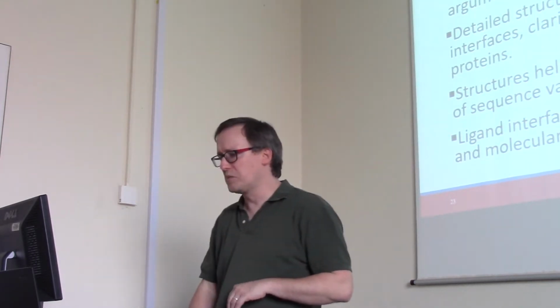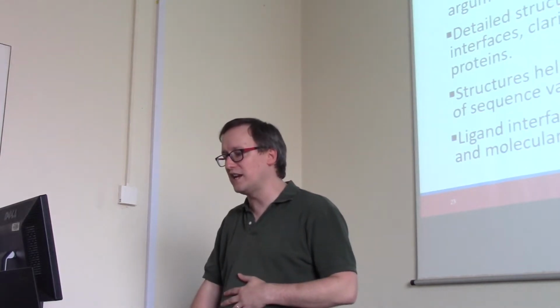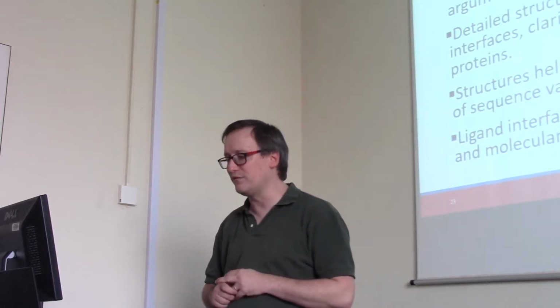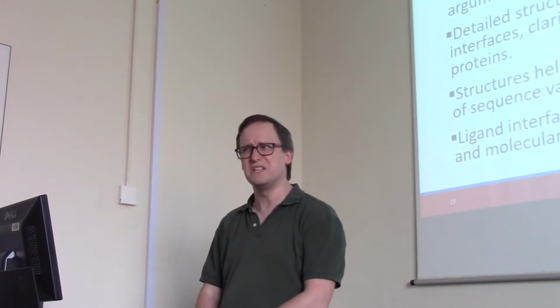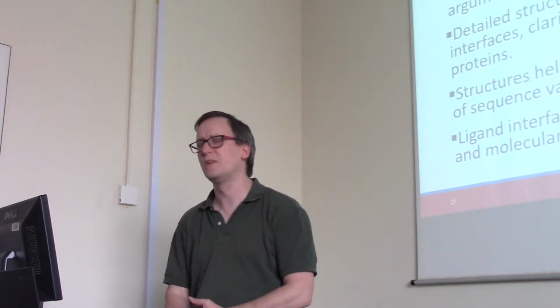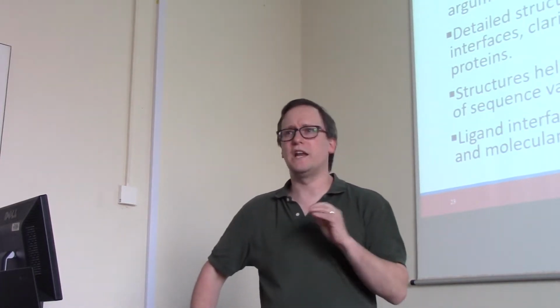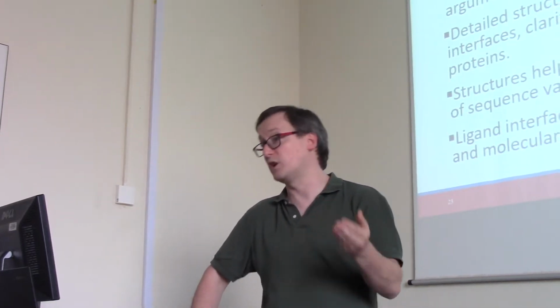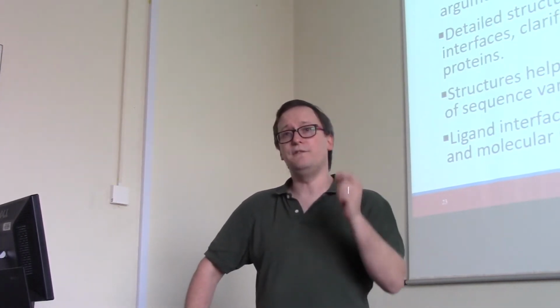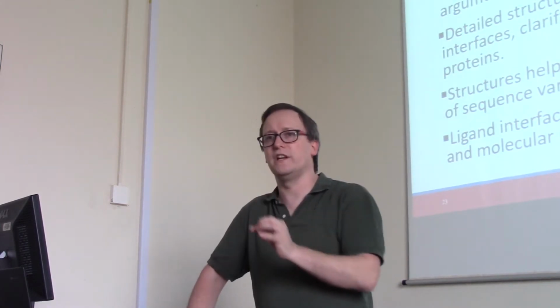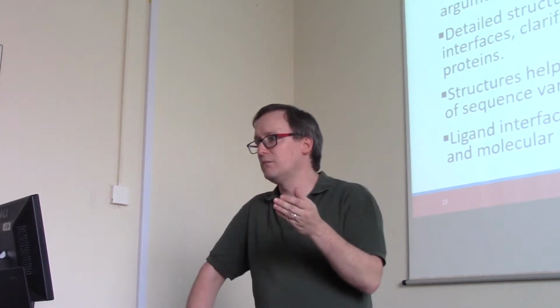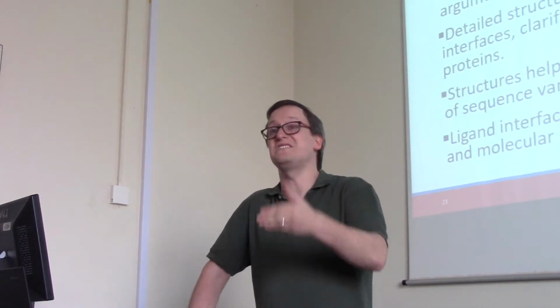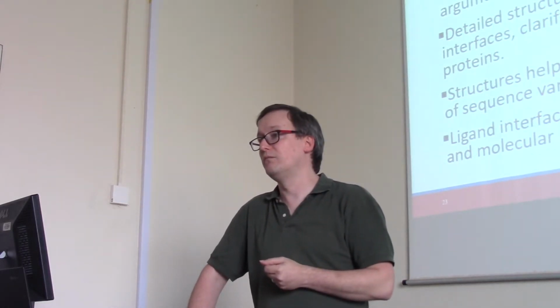All right? Structures help us to understand the impacts of sequence variability. This is a big deal. This is a really big deal. Let me give you an example. In a lot of our divisional research, we're concerned about the drug response of tuberculosis. If a bug has a weird variant to one of its genes, it may render that bug resistant to that drug.